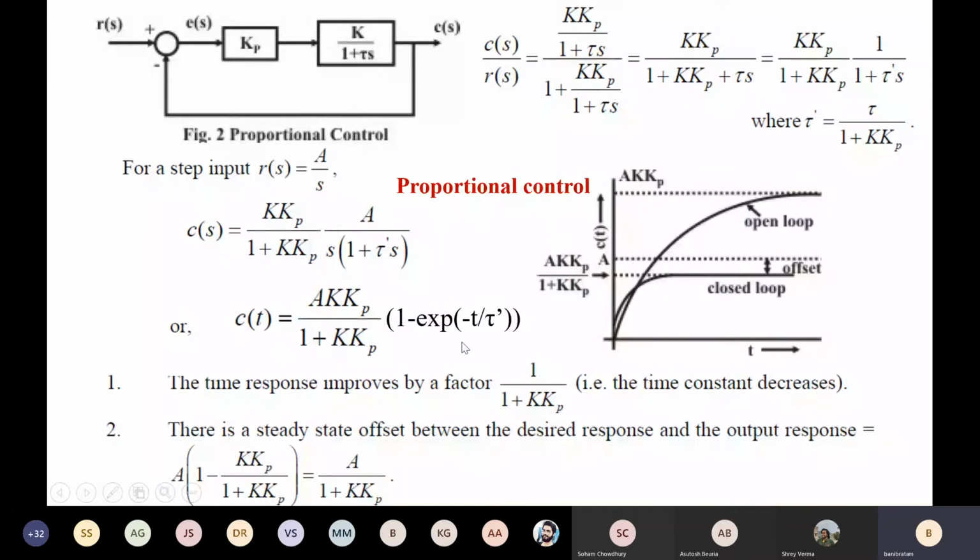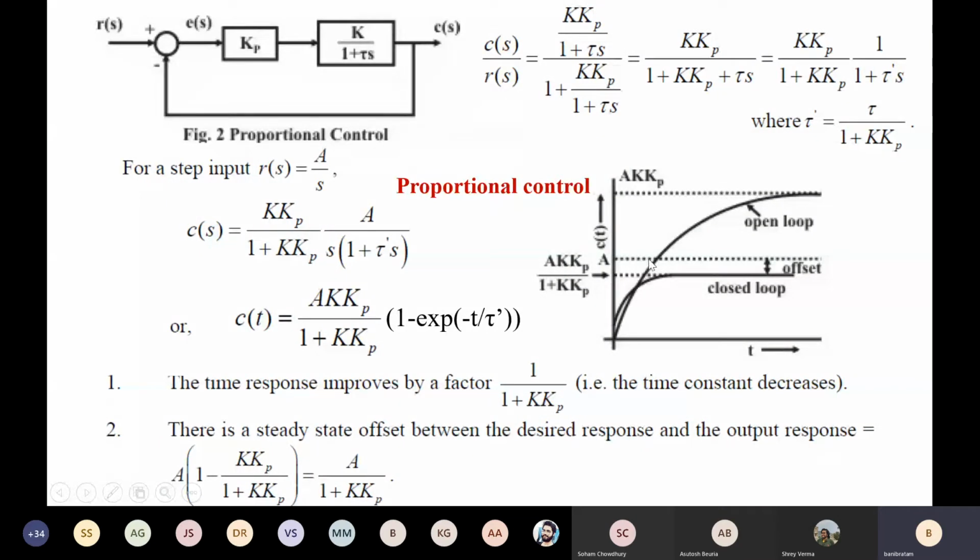So from here what we can see, and in this case what will be my final value? Ideally my input is A. Okay, so input is A, that means this dotted line is the input. And if I look at this closed loop expression, and put t tends to infinity, then this exponential term will be 0, and at t tends to infinity, the steady state value will be A K Kp by 1 plus K Kp.